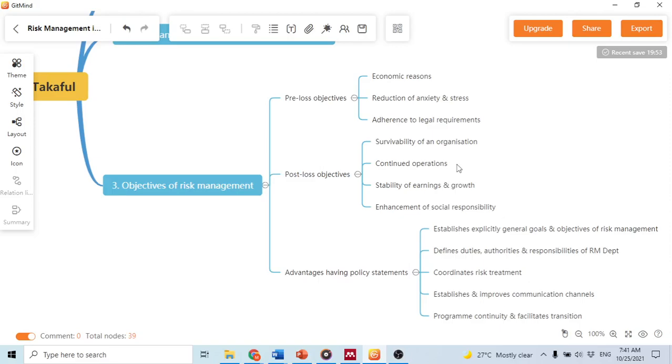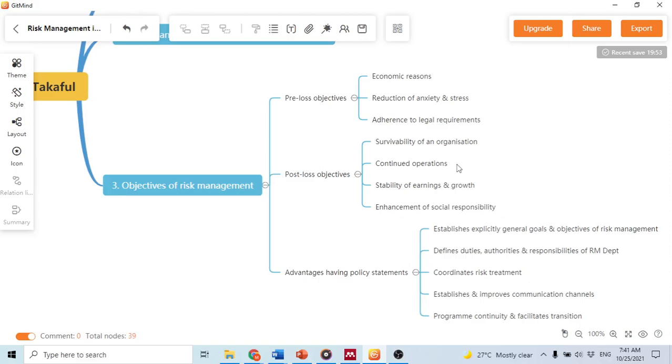The whole peninsula was in darkness at that time for a few hours. So that is the problem of an entity. Maybe they planned properly, but sometimes to ensure the continued operation, maybe they do not have enough power to manage that kind of issue. So it happened.